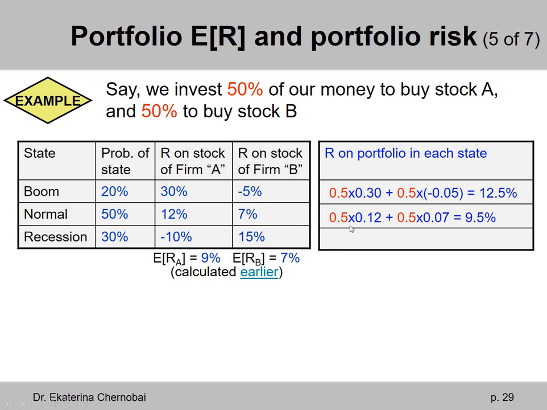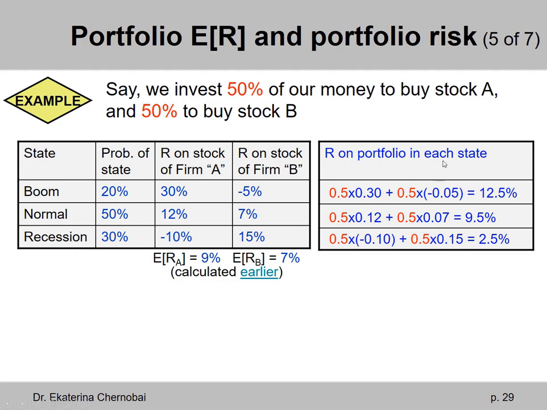So we are going to increase our money by overall 9.5% if the normal state of the economy is what takes place. And then if instead the recession is what actually occurs, then we are going to make a 2.5% return on our portfolio, which is calculated by multiplying 0.5, the weight of stock A, by minus 0.1, the return on stock A in recession, plus the weight of stock B, 50%, times the return of stock B, 0.15, in the recession state.